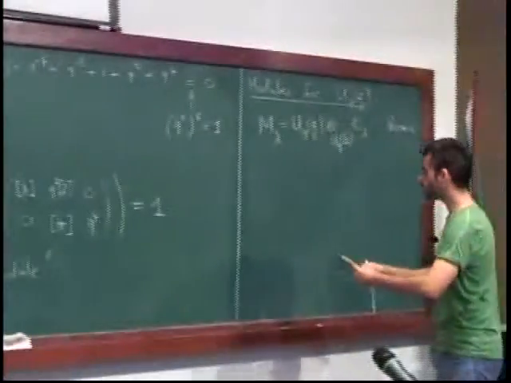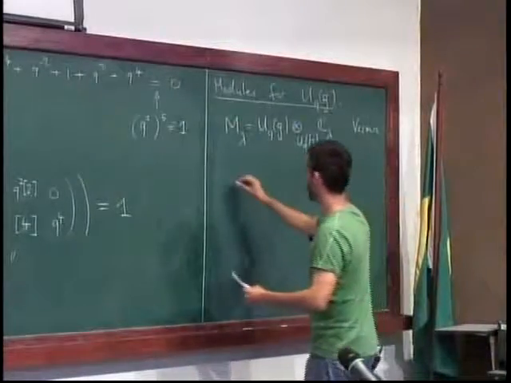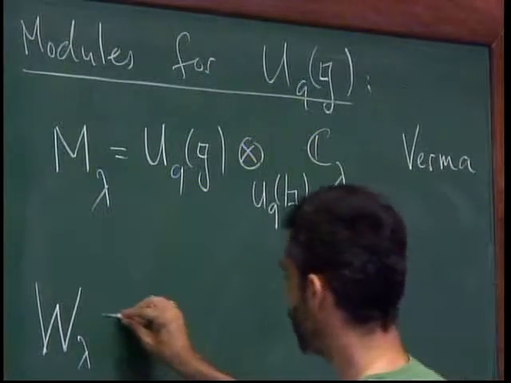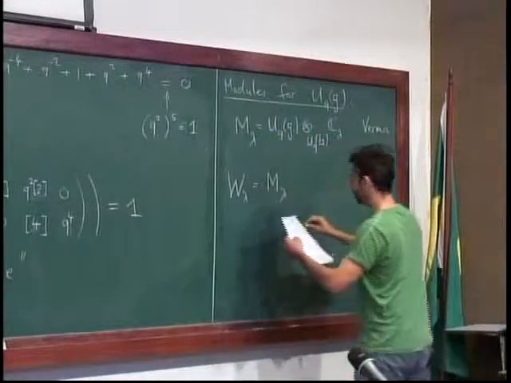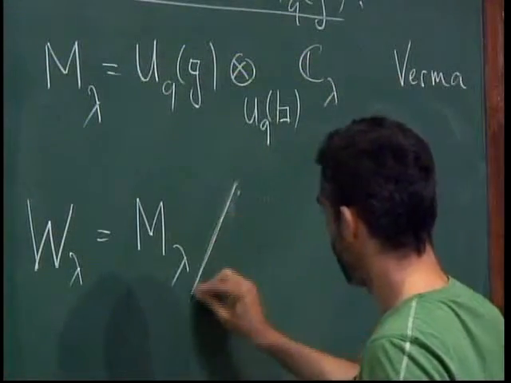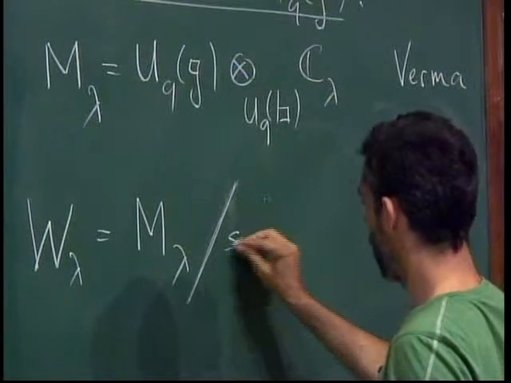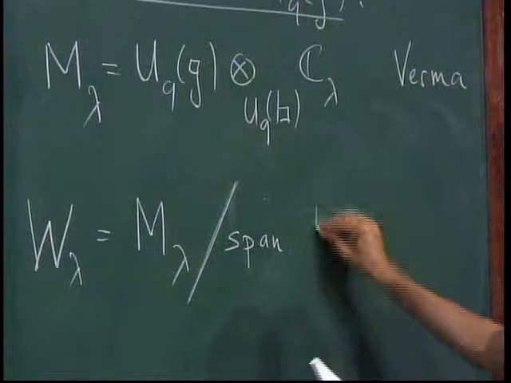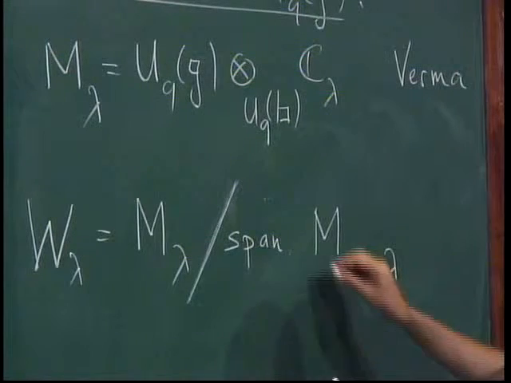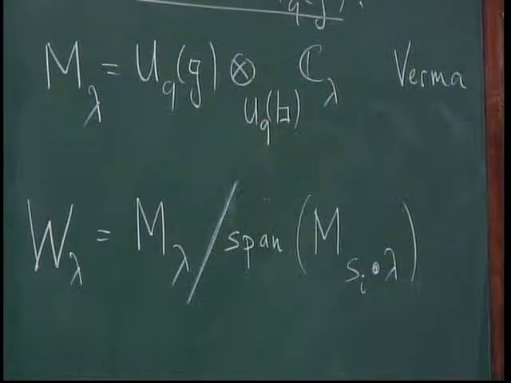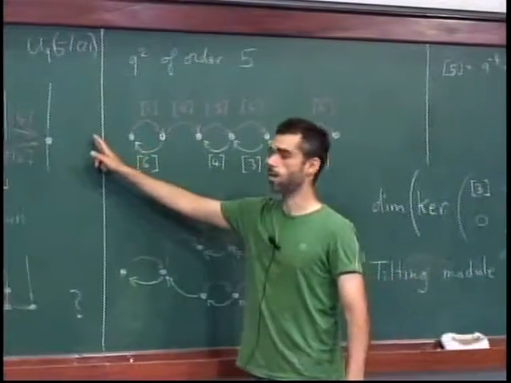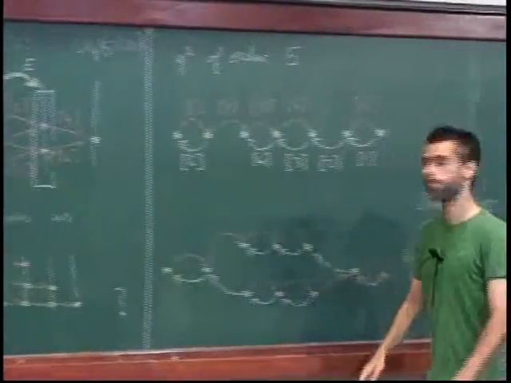Then we have the quotients of the Verma modules. So let me call them W lambda, and this is the Verma module modulo the span of these smaller Verma modules. So we have the Verma module that starts here, and then we mod out the Verma module that starts there, that sort of lives in it.